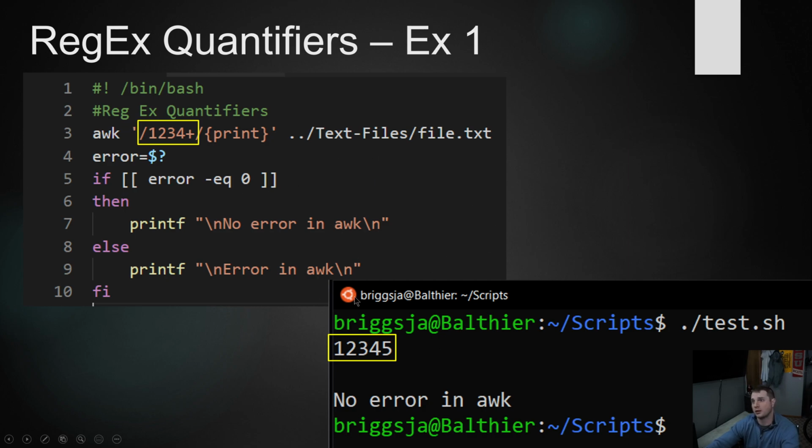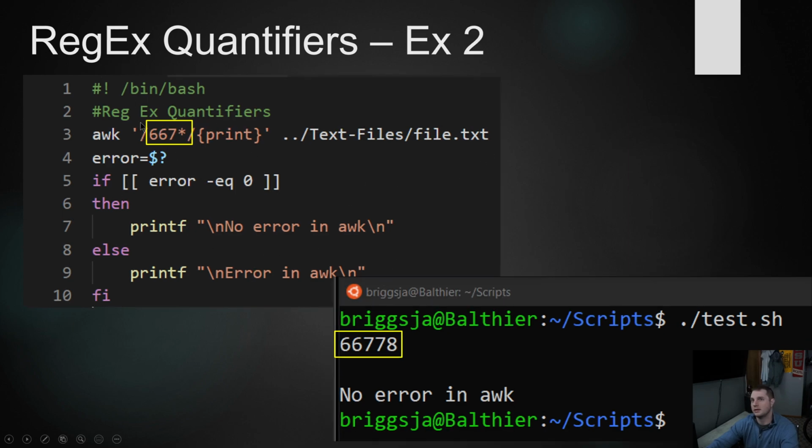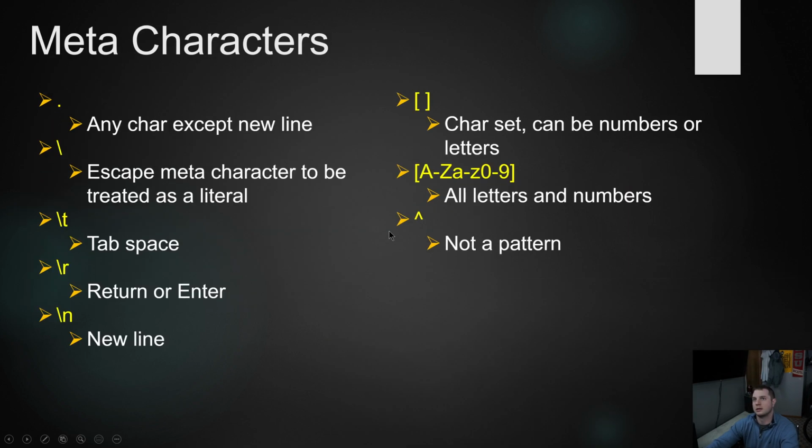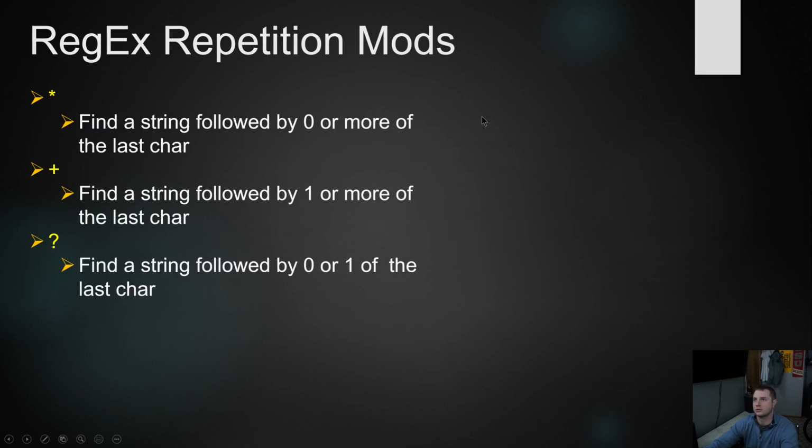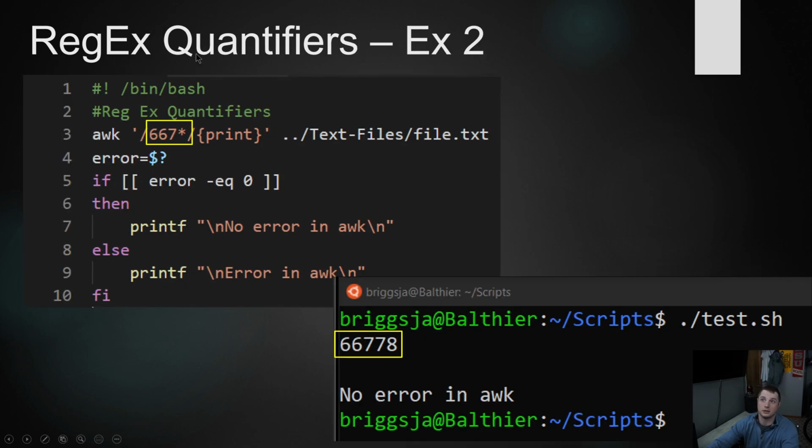Then AWK, and then the string following 0 or more. Again, it's a reference for me. 0 or more here, so we got another 7 here, and then another 8.